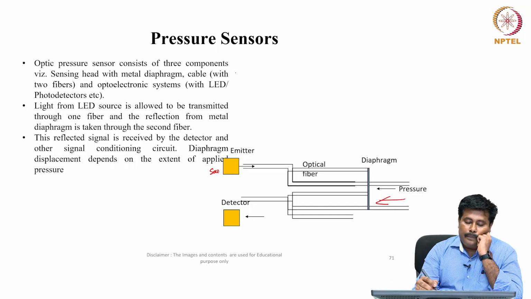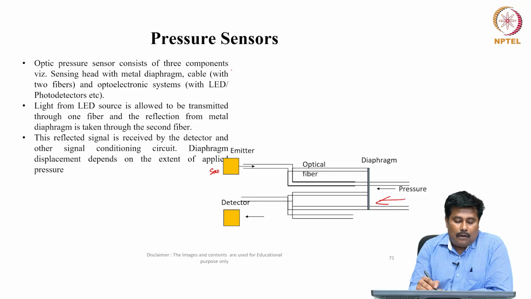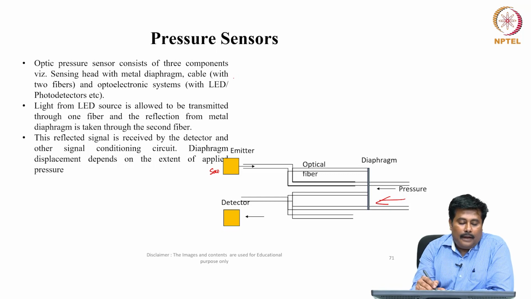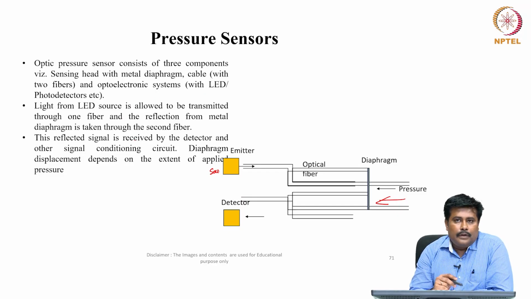The optical pressure sensor consists of three components: the sensing head with a metal diaphragm, a cable with two fibers, and an optoelectronic system with LED and photodetectors. The light from the LED source is transmitted through one fiber, and the reflection from the metal diaphragm is taken through the second fiber. This reflected signal is received by the detector and the signal conditioning circuit.